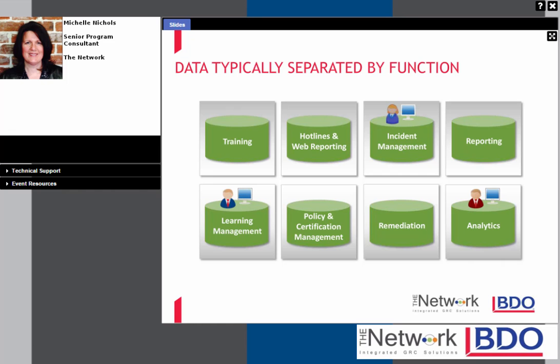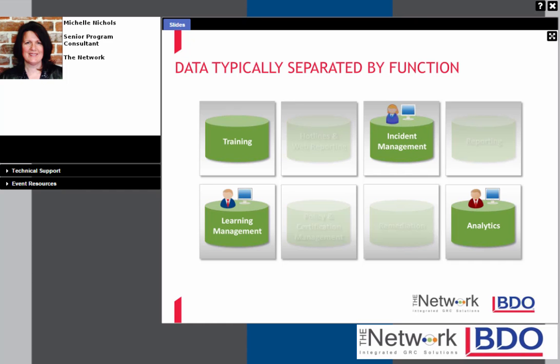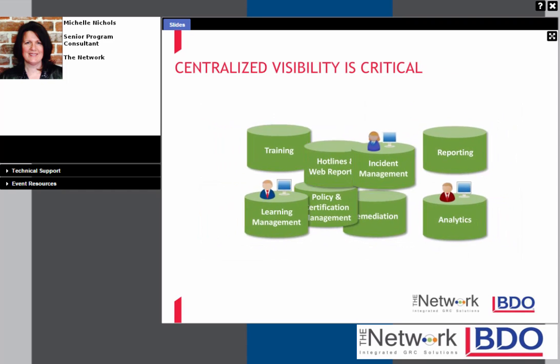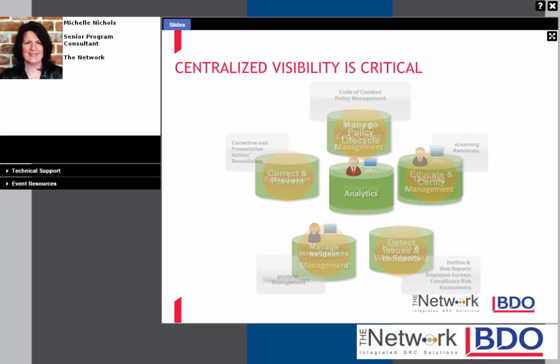Because with each of those walled off entities, there's different people with different systems that are doing things there that would be beneficial across the board if we knew, but in some cases are very siloed. So when an organization sees compliance this way, it makes it a difficult task to gather that data and then to provide visibility to all of the other elements so that they're learning from what's happening within those other areas.